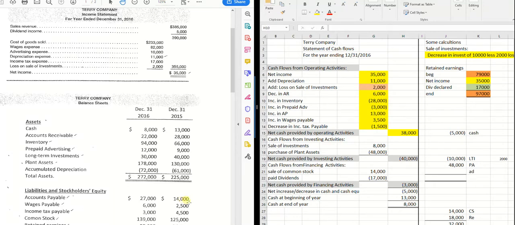Another way you can think about this, and probably an easier way to picture it, is as my bills increase on my desk, my cash balance is also pretty high. But the second I start paying off my bills and reducing my bills on my desk, cash starts going down. So all liabilities go the same way as cash, okay? All current assets go the opposite way of cash. So think about it.